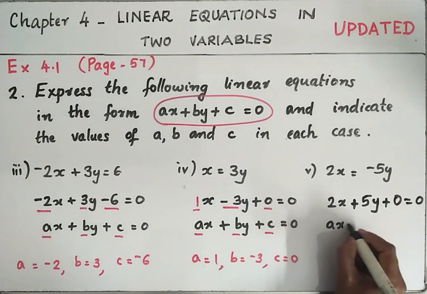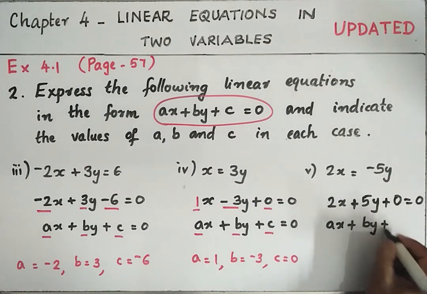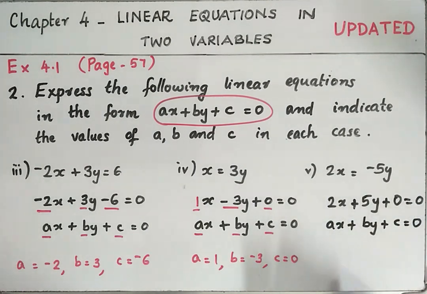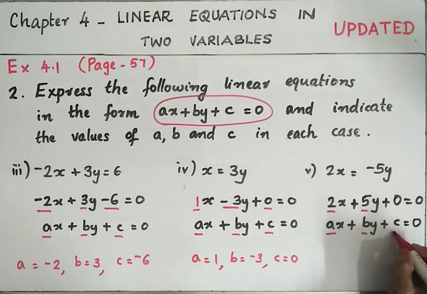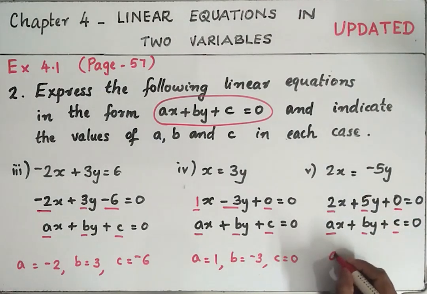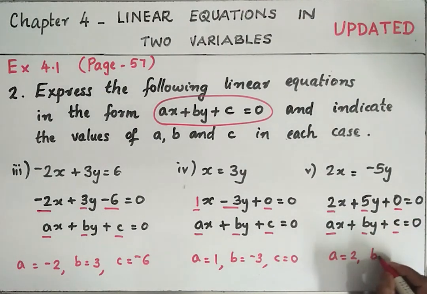So it is in the form of ax plus by plus c equal to 0. So what's the value of A? A is 2, B is 5 and C is 0. A equal to 2, B equal to 5, C equal to 0. Now 3 more questions are there. We will discuss that also.